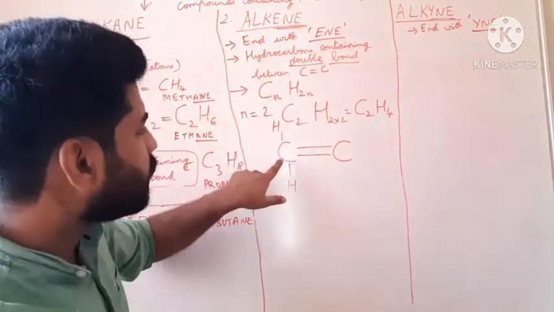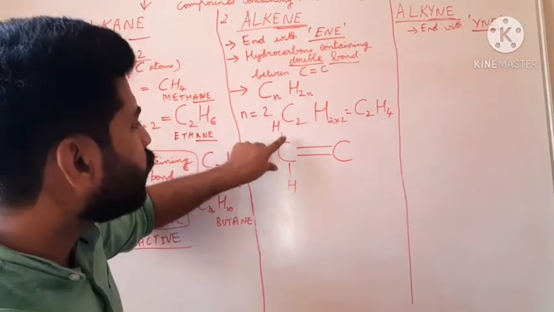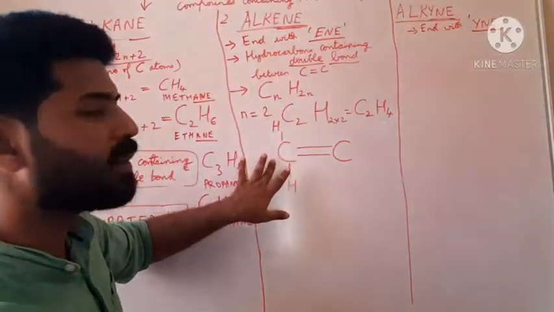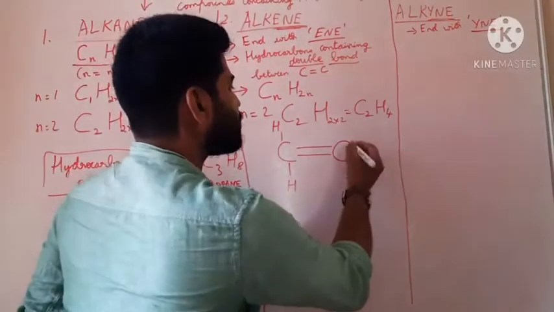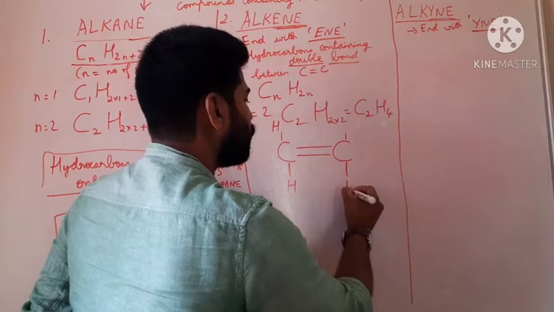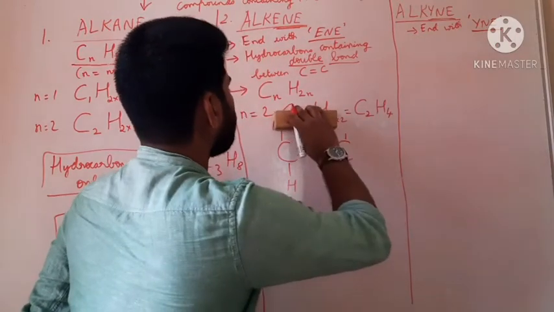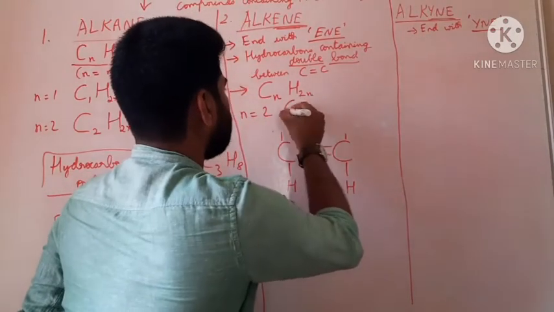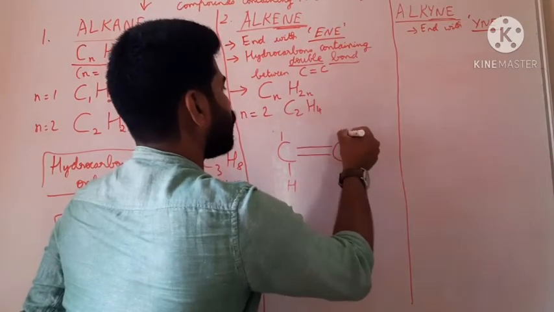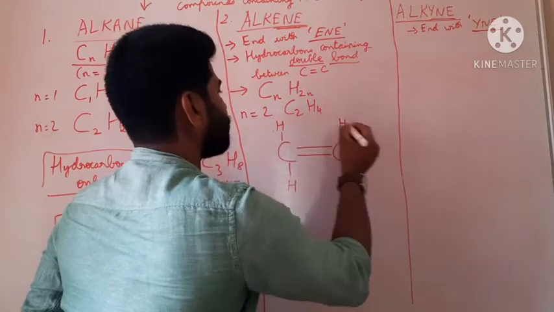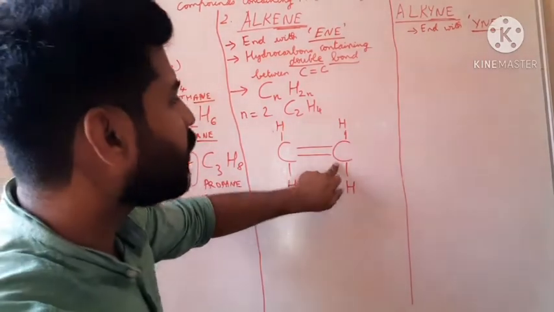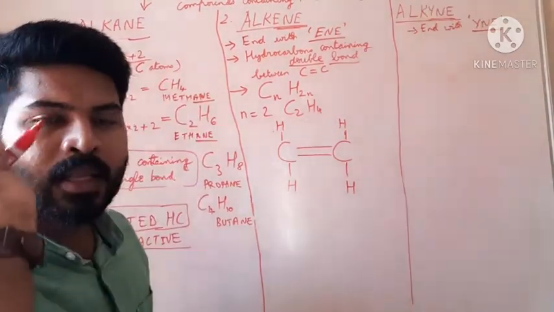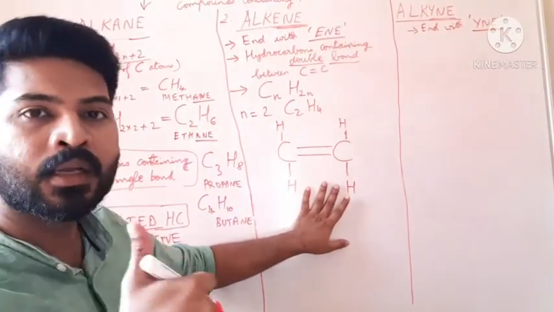By doing so, the valency of this carbon is 4. 1, 2, 3, 4. So this carbon is stable. Similarly, this carbon can also bond to 2 hydrogens and the valency would be 1, 2, 3, 4. So all tick marks, which means this structure is correct.